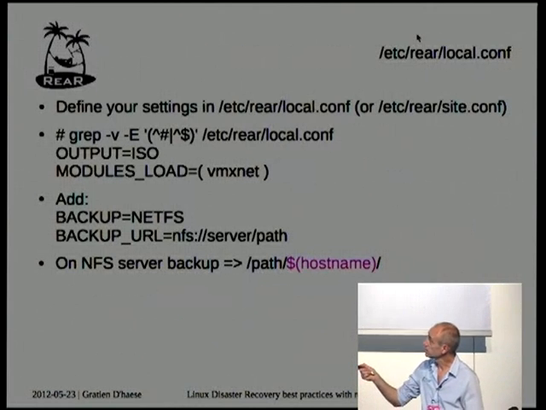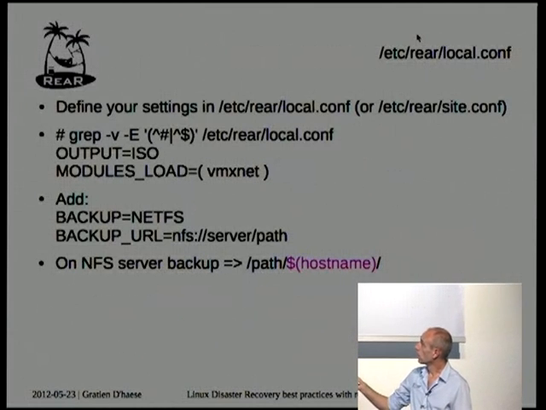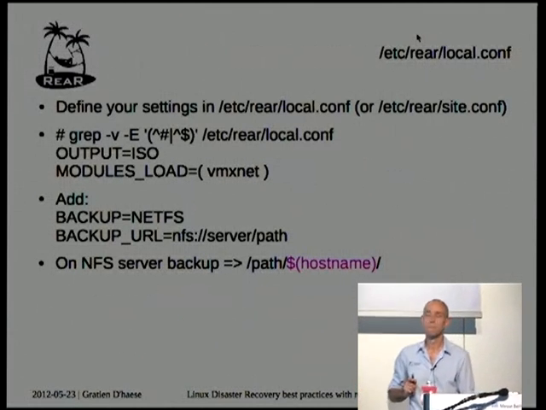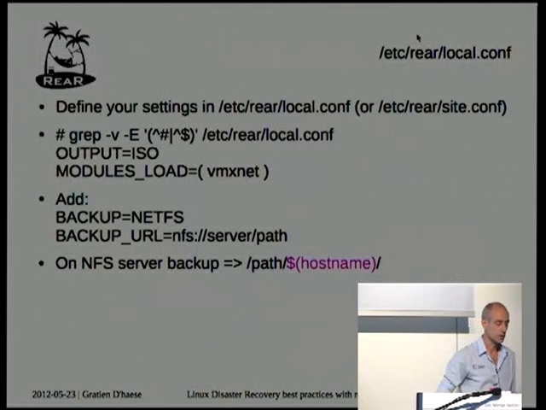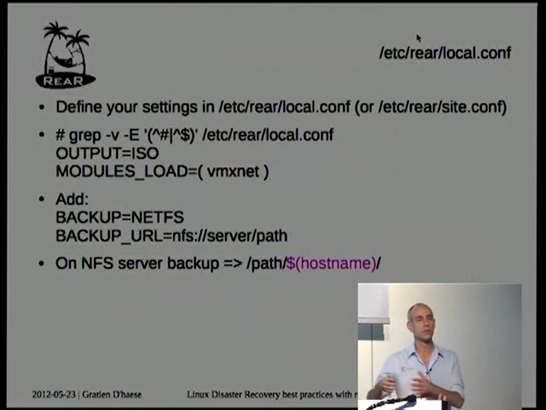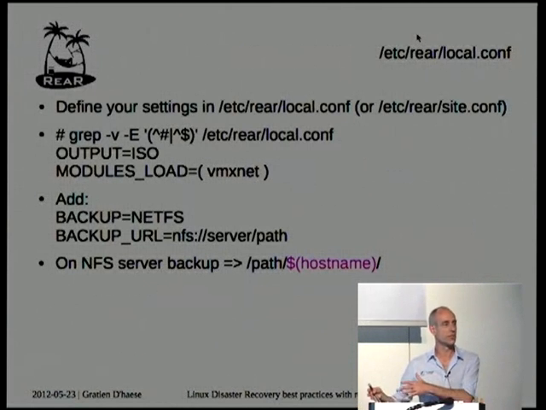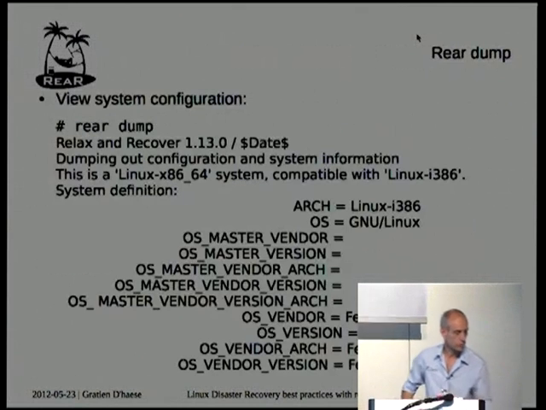Mechanism here is NFS, and the location. On the NFS server, the host name will be created automatically, under the path here. So you can, in fact, make backups of different systems on the same NFS server, and it will differentiate between different subdirectories.